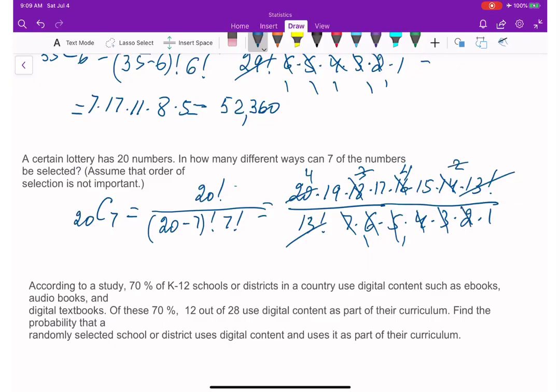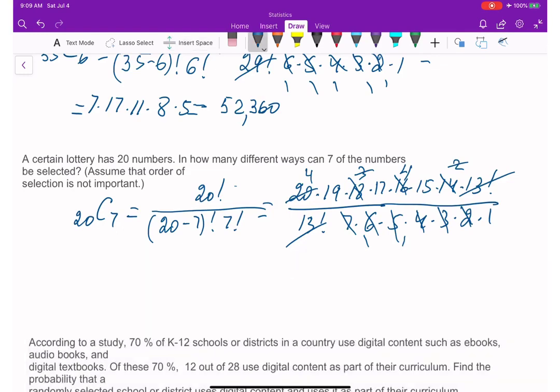What we have left is 4 times 19 times 17 times 4 times 15. So that will be 19 times 17 times 16 times 15, and we got 77,520.